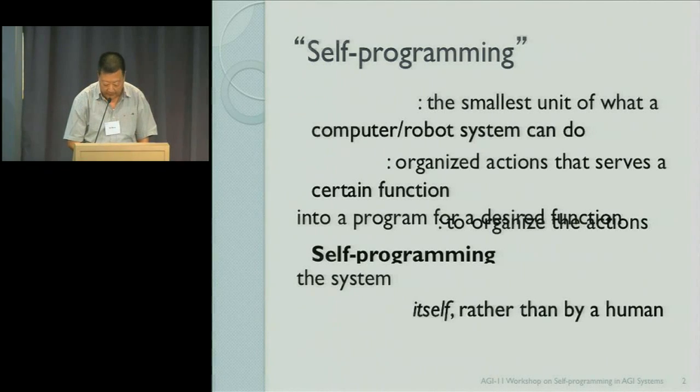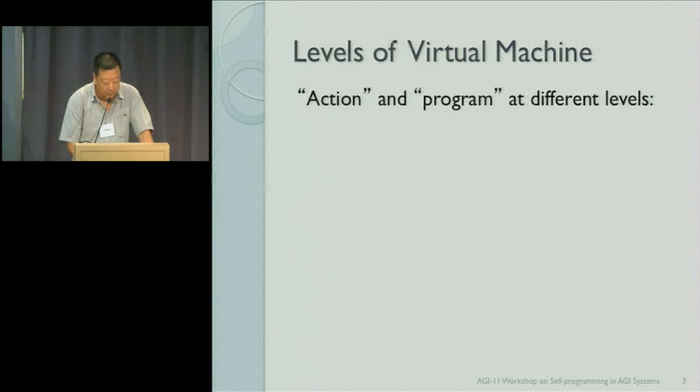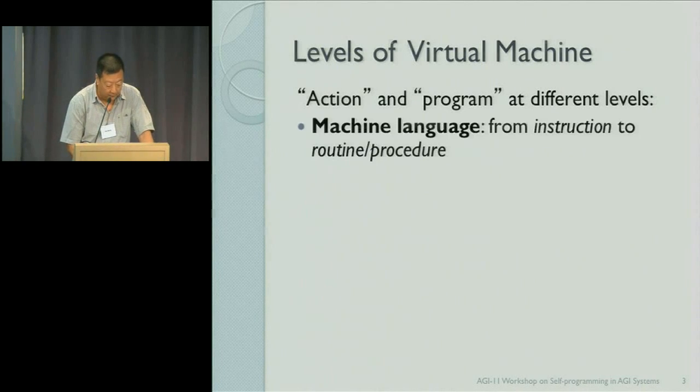Even though it sounds very simple, it's still something we need to clarify. One important issue is that we all know a computer system can typically be analyzed or described at different levels of description, as different levels of virtual machine. So that means we can analyze the actions and programs also at different levels.